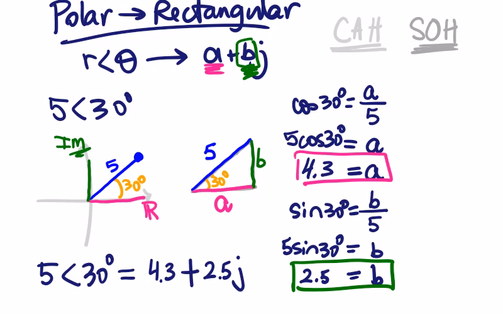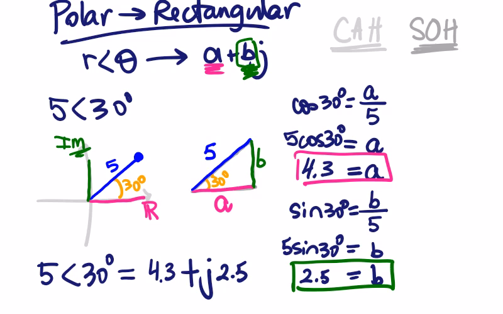We tend to write j at the front sometimes, so we could do this here too. It doesn't matter which way, but j2.5. That's the equivalent rectangular form for that original polar form of this complex number.